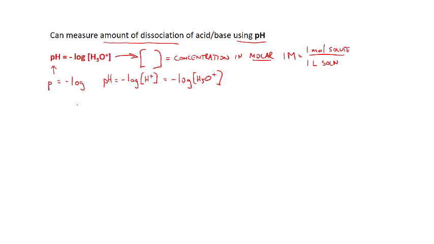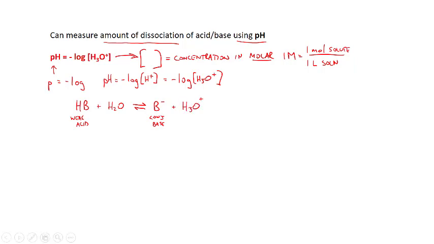Now, what that means is the following. Let's say we have a weak acid and water. Once we mix them together and the system comes to equilibrium, we will have our conjugate base and H3O+.